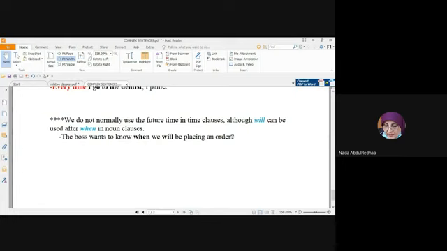So this is just like a question within the sentence. When we will be placing an order. It is not a time clause. Actually, it is a clause taking the place of something within the original clause, which is the dependent clause.